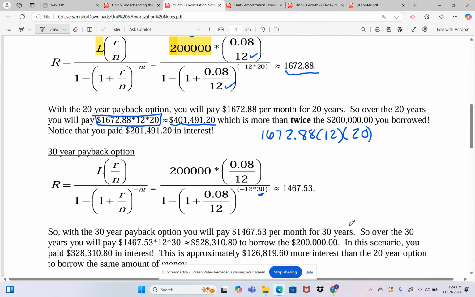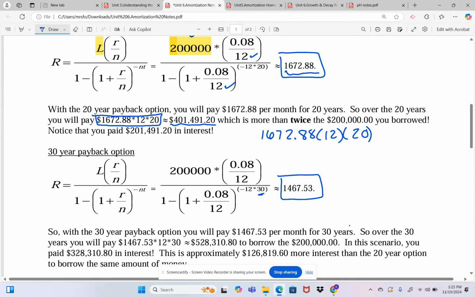The monthly payment on the 30-year mortgage went down, right? So if we look at that, we're probably like, give me the 30-year mortgage because I'm paying less money. Who thinks that? Who's like, this is less money, this is best?